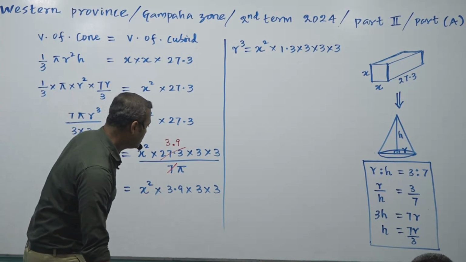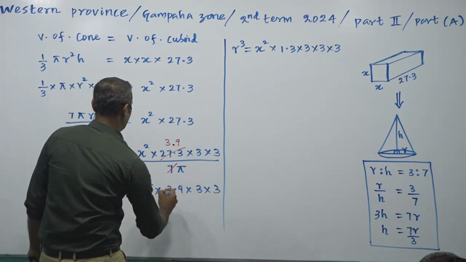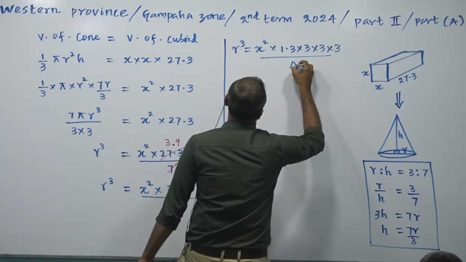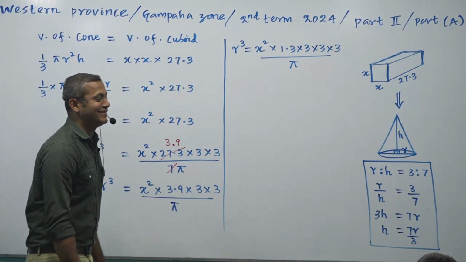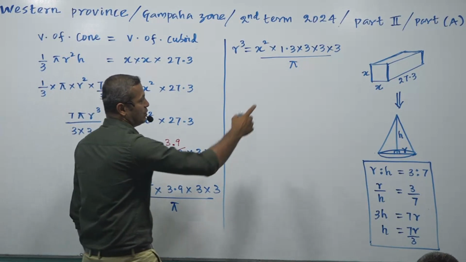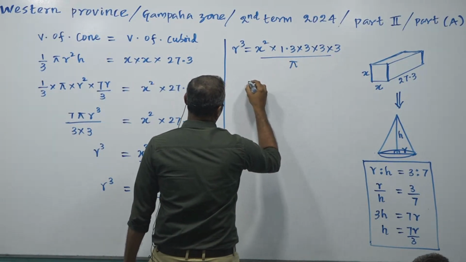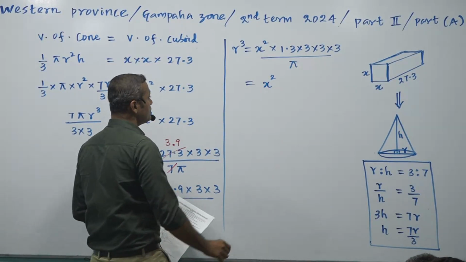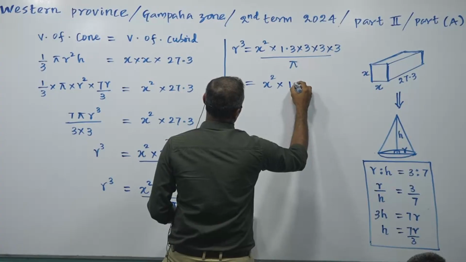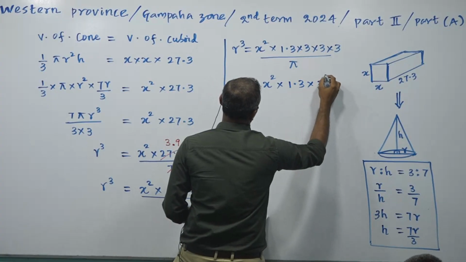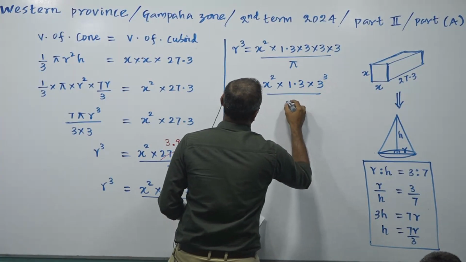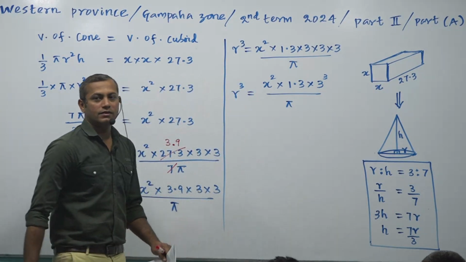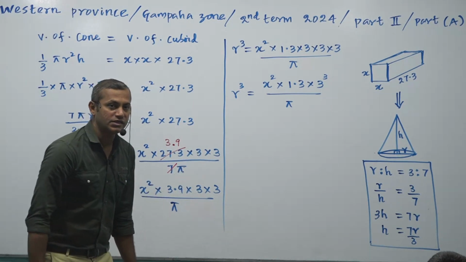Over pi, no? Over pi. Yes. Thank you. Now 3 into 3 into 3 can be written as 3 cube. So x squared into 1.3 into 3 cube over pi is r cube. You agree?